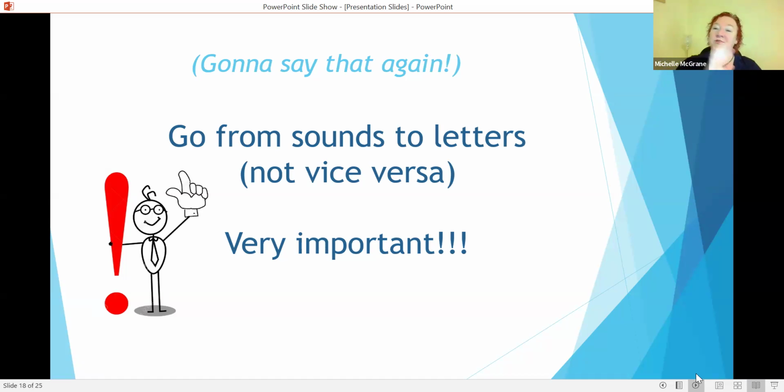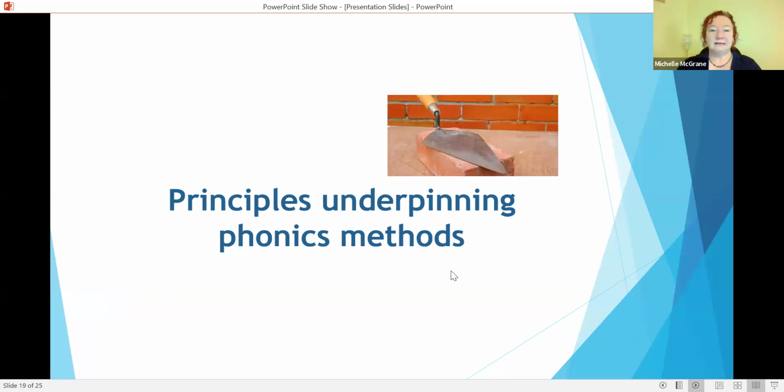In other words, sounds to letters. I have just personally found that that is very much the case. So if you have somebody who has dyslexia or who tells you that they went to school, but they clearly never quite got the reading, there's a good chance that that's the case. And there's research to support that. So that is the reason that I personally prefer synthetic phonics. But phonics, overall, is necessary and a good thing.